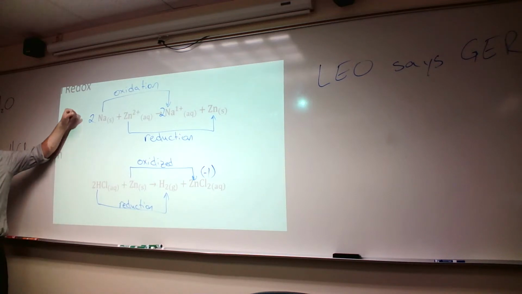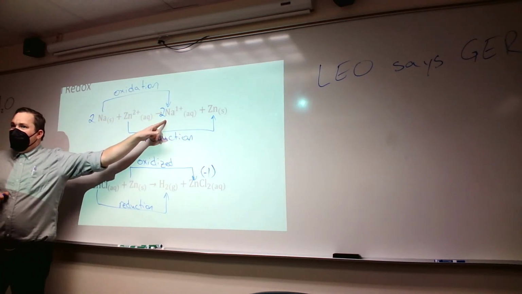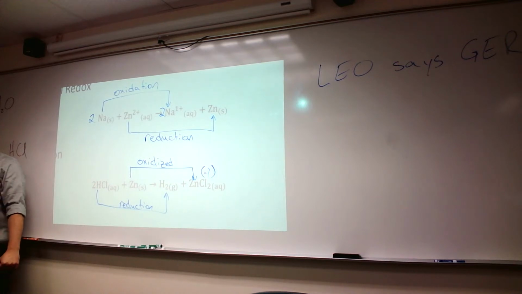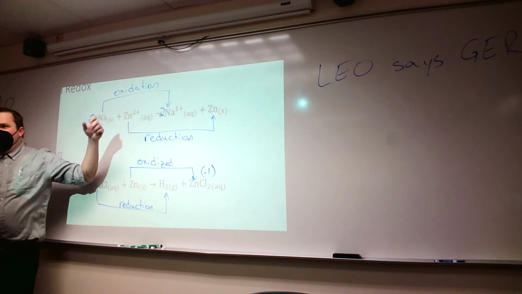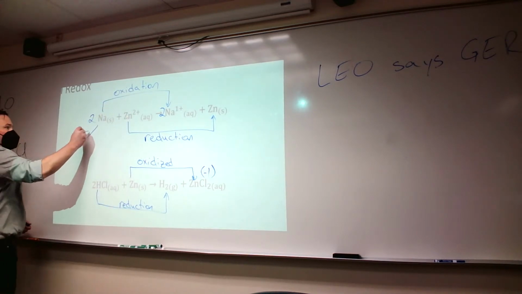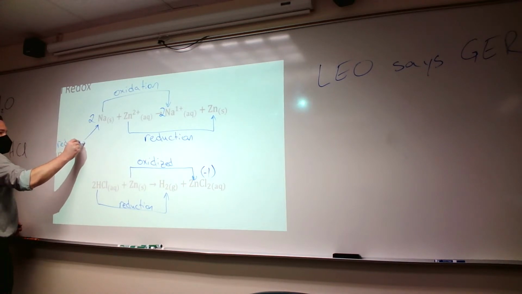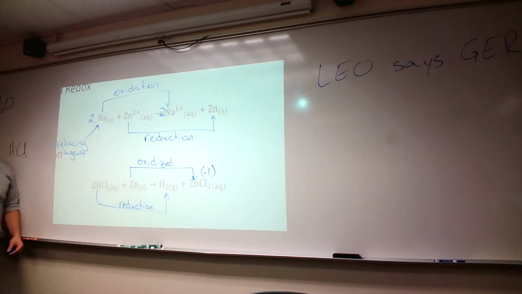One more thing I want to clarify though: if the sodium is being oxidized, that means that whatever we put the sodium with has to be reduced, right? So the sodium is being oxidized, but we refer to it as the reducing agent, because agent means the act of.